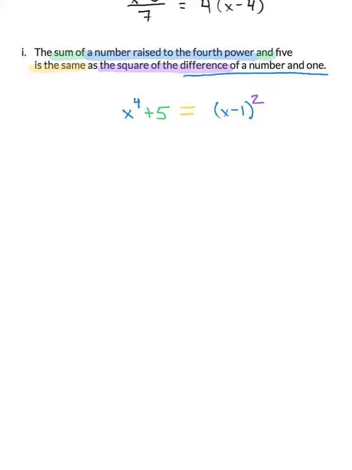So my final answer on this problem is going to be x to the 4th plus 5 equals x minus 1 squared. And we're done. Hopefully that makes a little bit more sense.